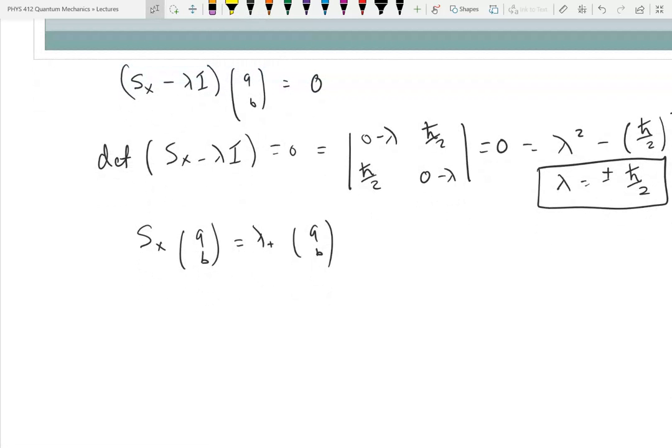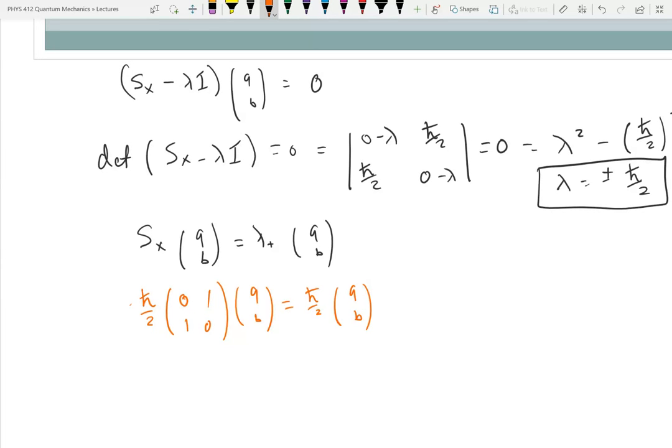Lead me through. So, writing out the matrix Sx. What's your, this is the problem.